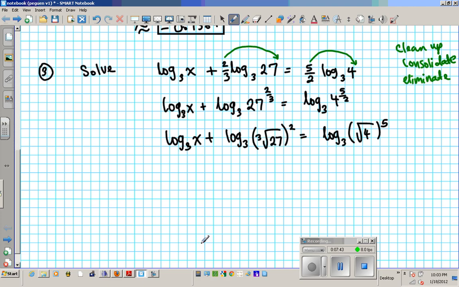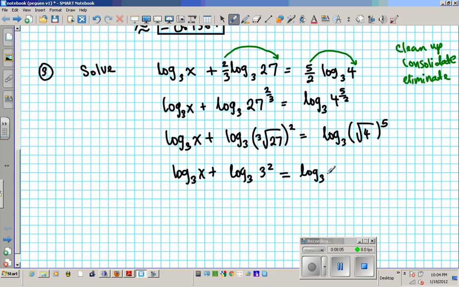Now let's simplify them a little bit further. Bring this one down. It's already clean. What is the third root of 27? The third root of 27 is 3, because 3 times 3 times 3 gives you 27. So log base 3 of 3 squared equals, how about this side?